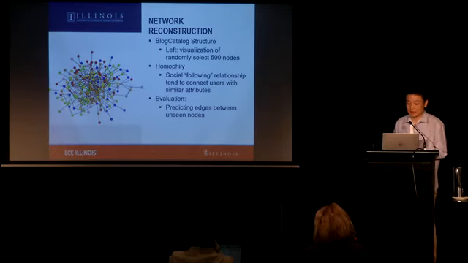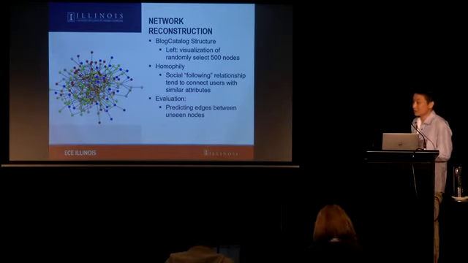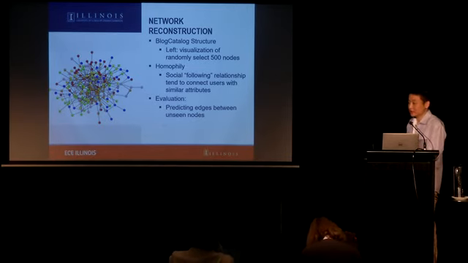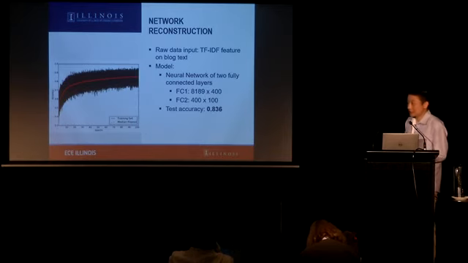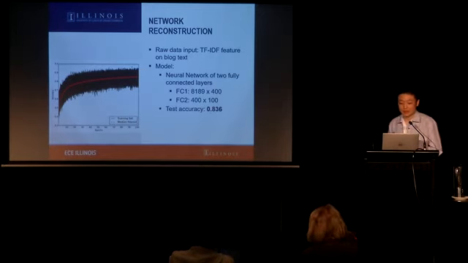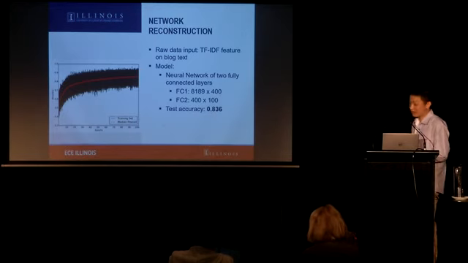We extract the TF-IDF features from the blog text and learn this embedding, and then we just do a thresholding on the inner product scores to predict the edges. So using a 2-layer neural network, we can get roughly 83% accuracy on edge prediction. Since this is a new task, we don't have a baseline for this number.